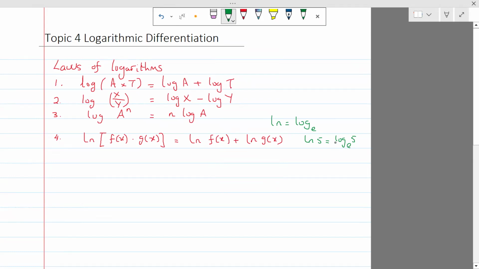How do you calculate this on a calculator? You just have to do a change of base, because on the calculator I will have log to base 10, so it's going to be log 5 divided by log e.